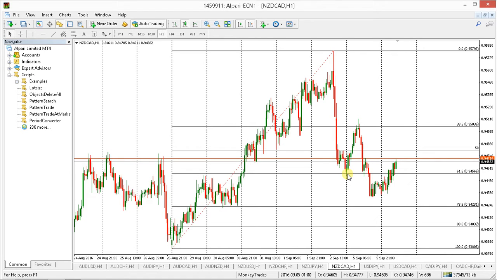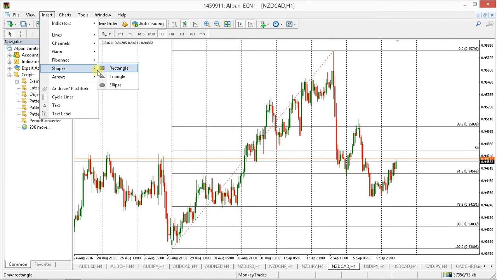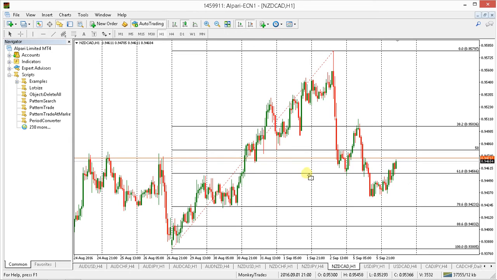So the Gartley pattern B point is valid if the price retraces at least to 0.618 and it doesn't touch 0.786, like this. So it can retrace a bit further, but it should not touch 0.786.